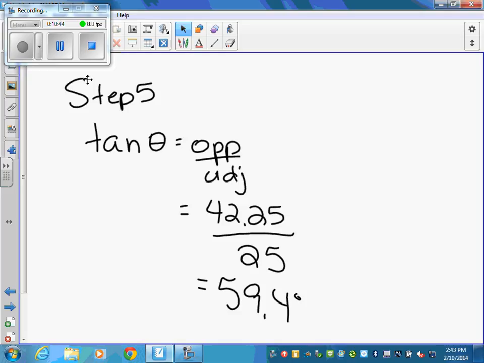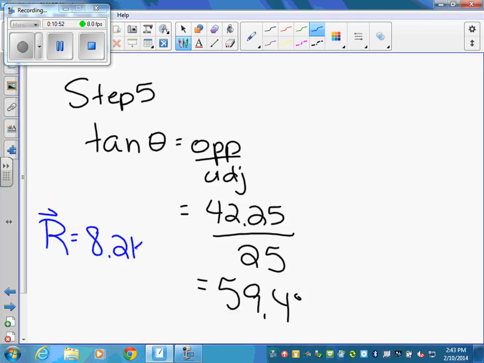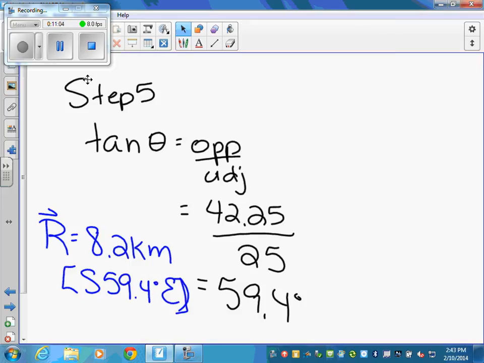Okay, so our resultant vector should be what then? Adjacent. I'm just going to write this here. And it should still be written this way, right? We have a 30.